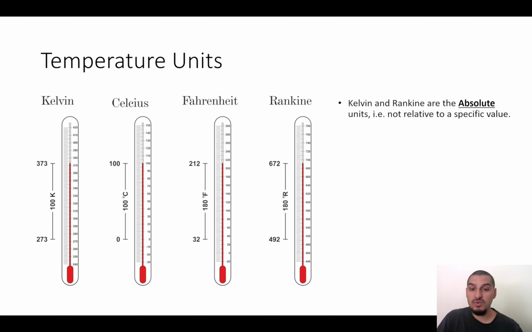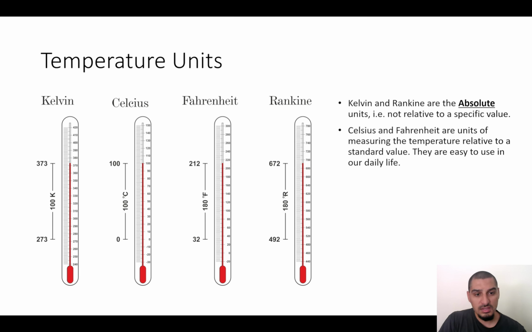It's relative to, I don't know what; I don't know what 0 Fahrenheit relates to. It's not like 0 Celsius, which is the freezing point of water. Maybe it relates to some other material. But anyway, this is the difference between the absolute and the non-absolute units.